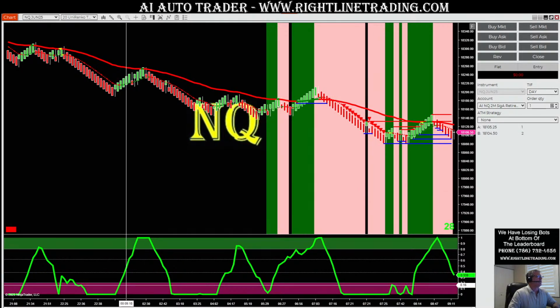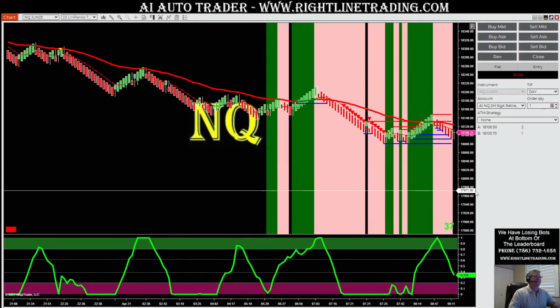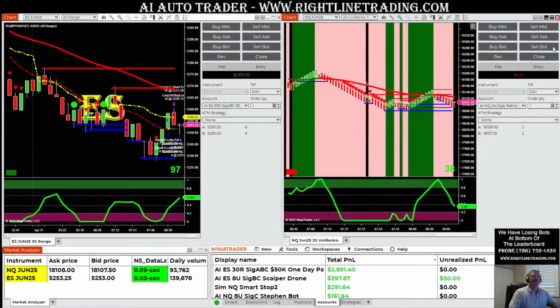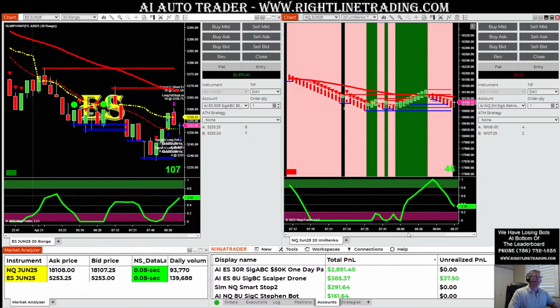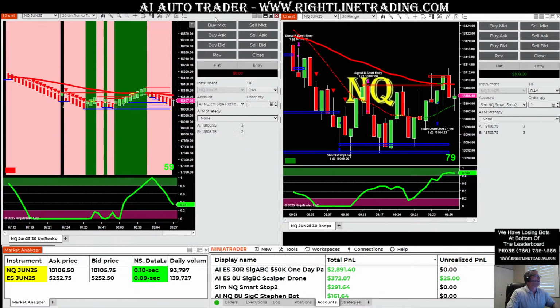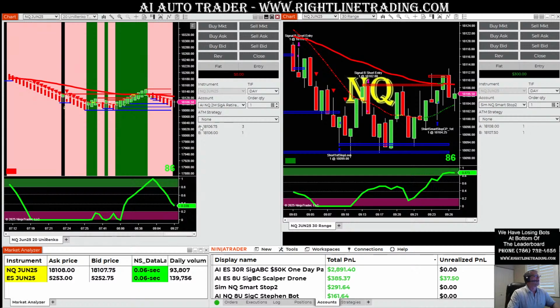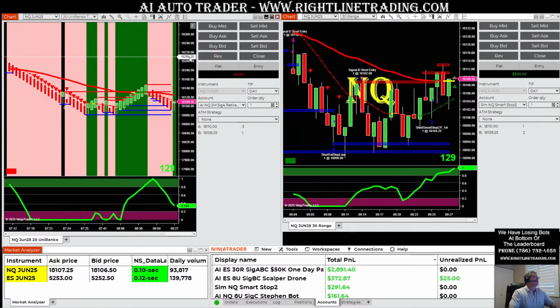Okay, a big leg down. This is midnight right here on the NASDAQ. Big leg down. The market doesn't like gaps. Look out for a retracement at the market open to support, to the 50. I'm going to put our 20 Unirenko here, which is in a confirmed downtrend. Price is below our 50.